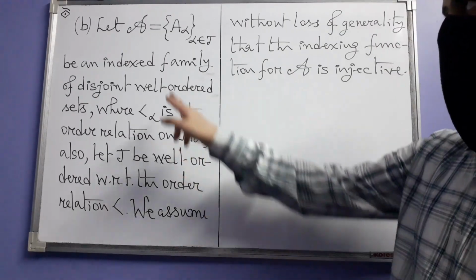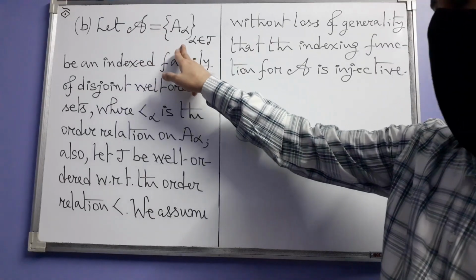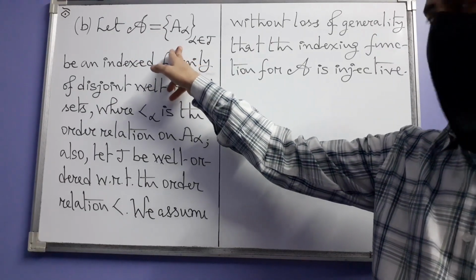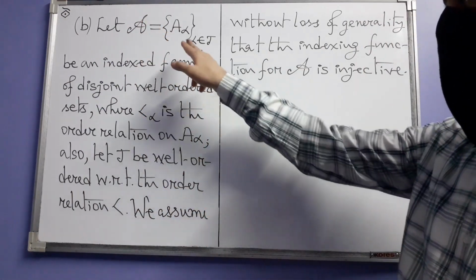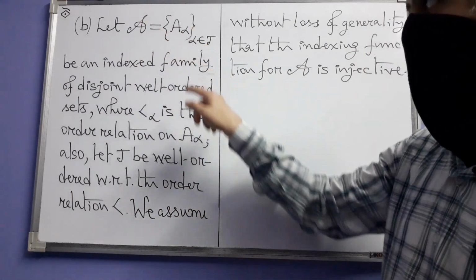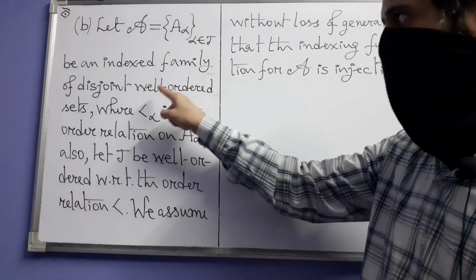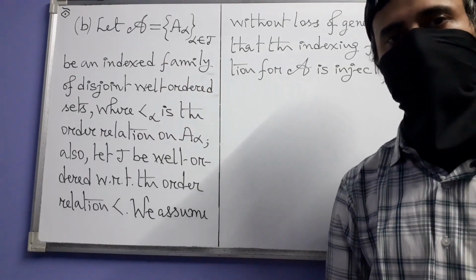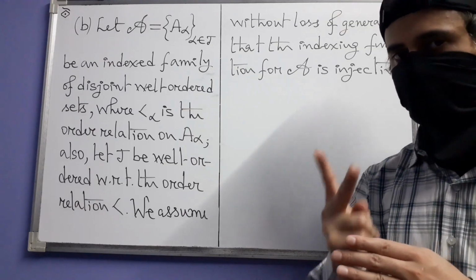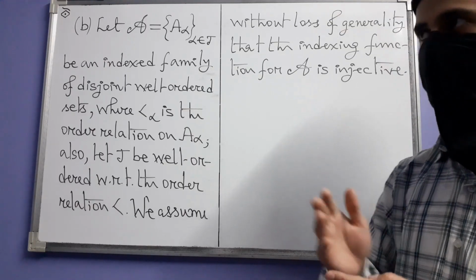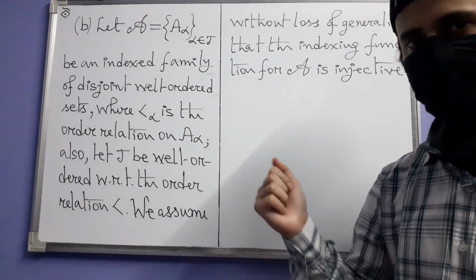Here we start by considering a family of sets. So I have written a family A, script A. The elements in this family are disjoint well-ordered sets. In part A, we had a family of two disjoint well-ordered sets A1 and A2. Here it's an arbitrary family.